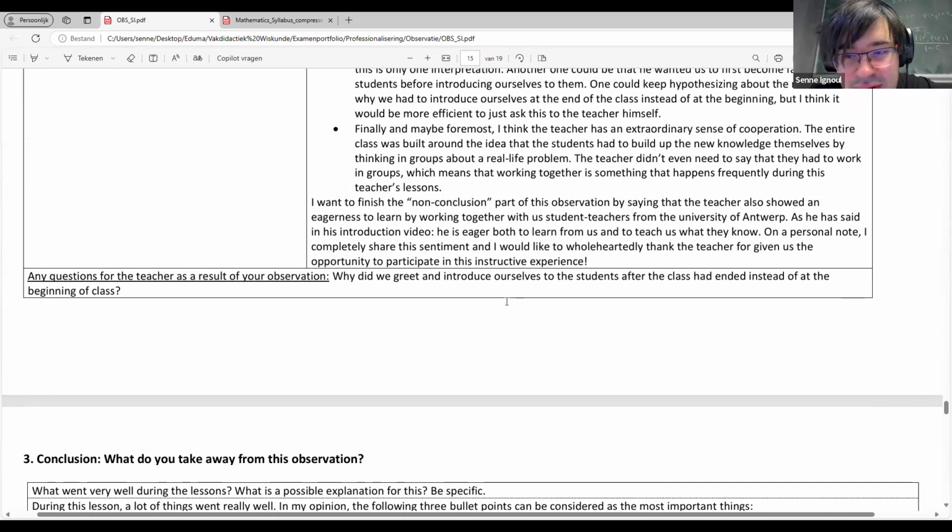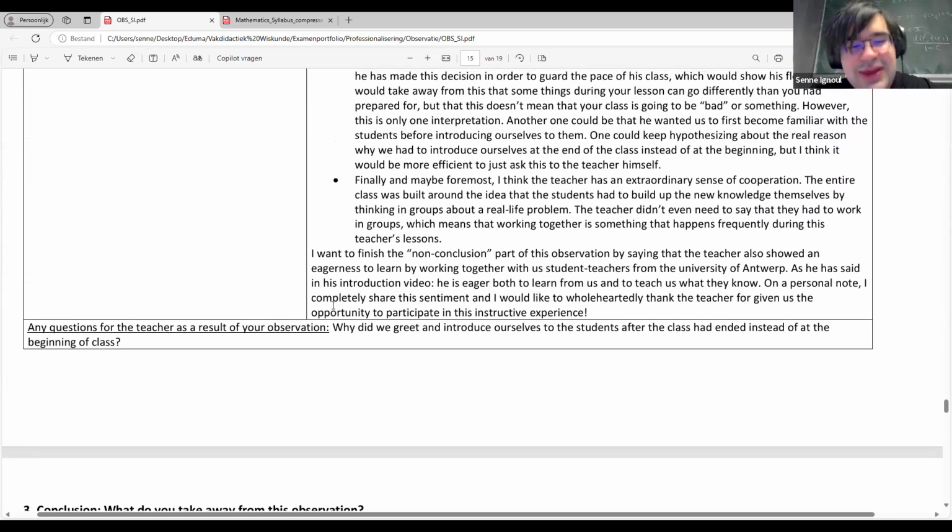And the final question. What I thought was a bit weird is during the classes you wanted us to greet the students and introduce ourselves, but we did it at the end of the class and not at the beginning. Why was that? Was that a conscious choice? Oh, it was my choice, and it would have been better at the beginning.